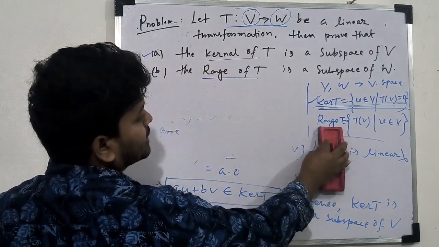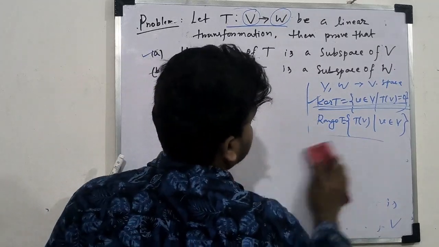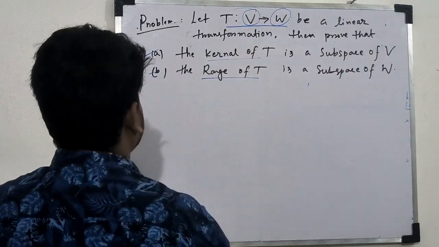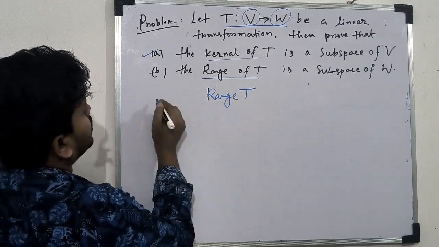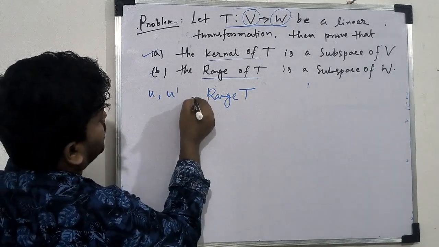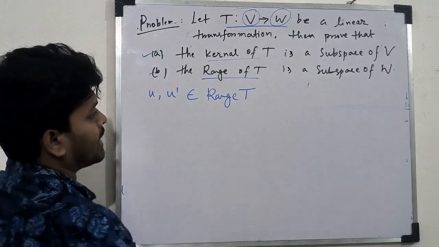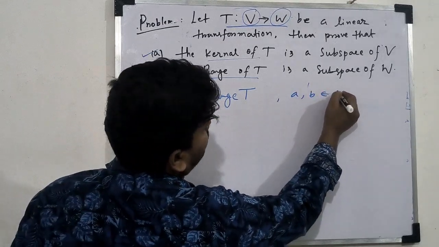So the definition of range is this. We will use this. So to show the range T is a subspace, we have to take two elements u, u dash from this range T and a, b from the field.